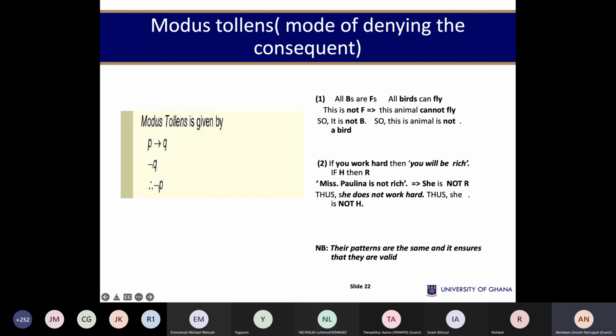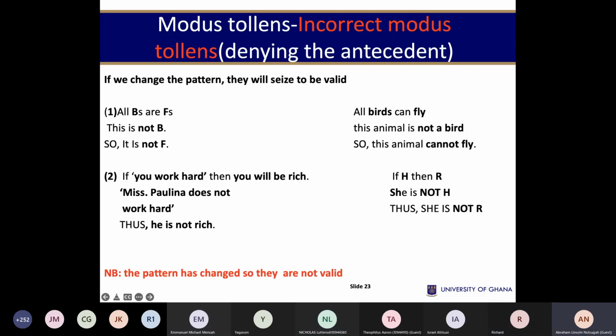Not Q, because tollens is denying the consequence, and Q is the consequence. Not Q, so not P. That is the formula for modus tollens. Okay, sir, let me finish with this, then you come in, with the next one.